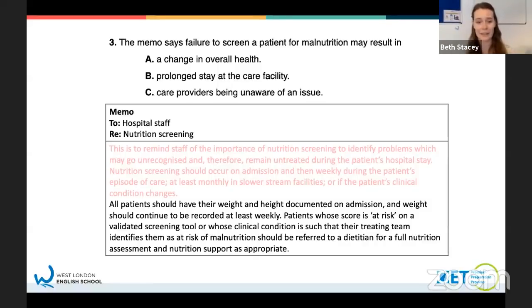That isn't actually mentioned anywhere. That last paragraph is just telling you a bit of extra information about what to do if a patient is recognised as being at risk of malnutrition. So that's why our answer has to be C, just because of those first two lines.